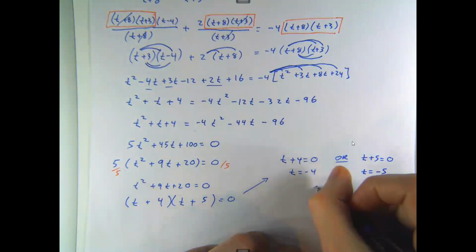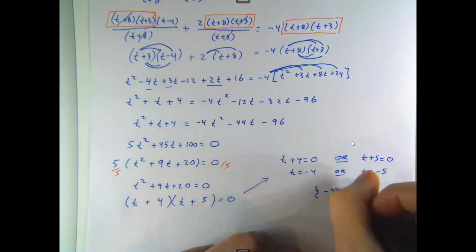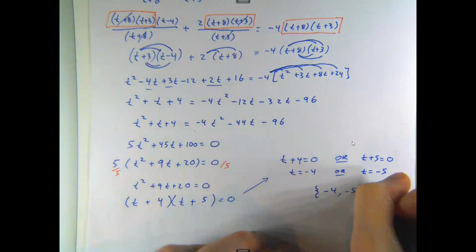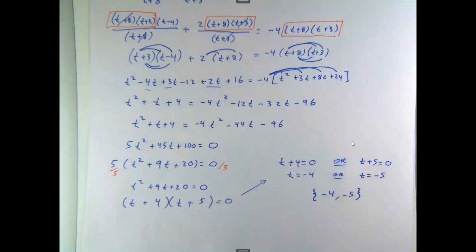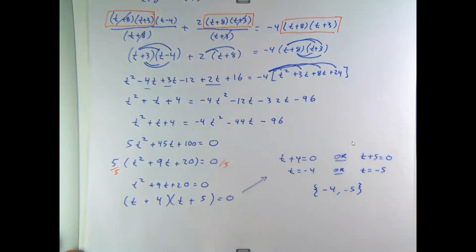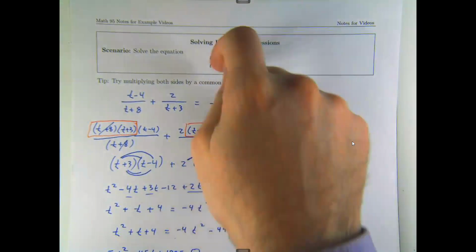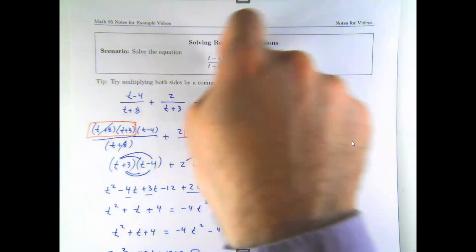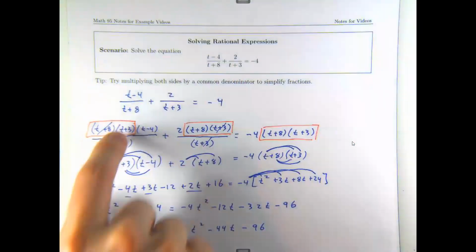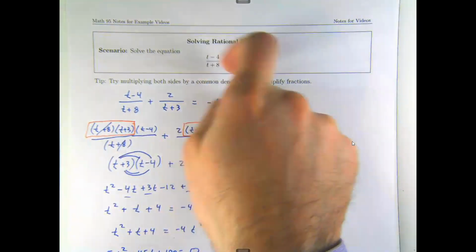So my final answer set here, I have two answers. I have negative 4, negative 5. Now I picked one that I knew was going to be a little bit messier, just so you can see what that mess looks like. But the general strategy for any sort of rational expression is you're going to multiply both sides by the least common multiple. And that's going to be the stuff that you're finding in the denominator.